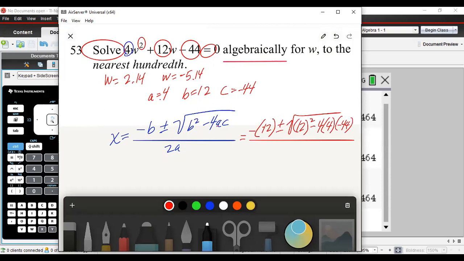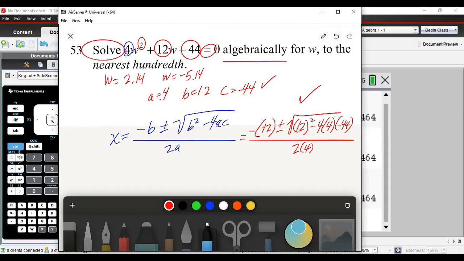And that's all going to be over 2 times 4. This is important: you've got to put the numbers in where the variables are. Then we're just going to use the calculator to come up with the 2 roots.